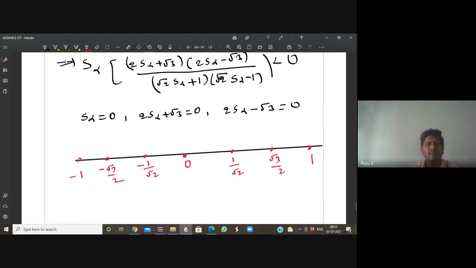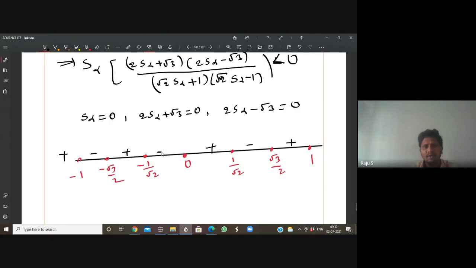And see here, root 3 by 2 is the denominator, it is positive. So when we want to get a negative value, lesser than 0, if the numerator is positive, the denominator must be negative. If the denominator is positive, the numerator must be negative, then only we are going to get lesser than 0. Am I right? So whenever it is plus, minus, plus, minus, plus, minus, plus.